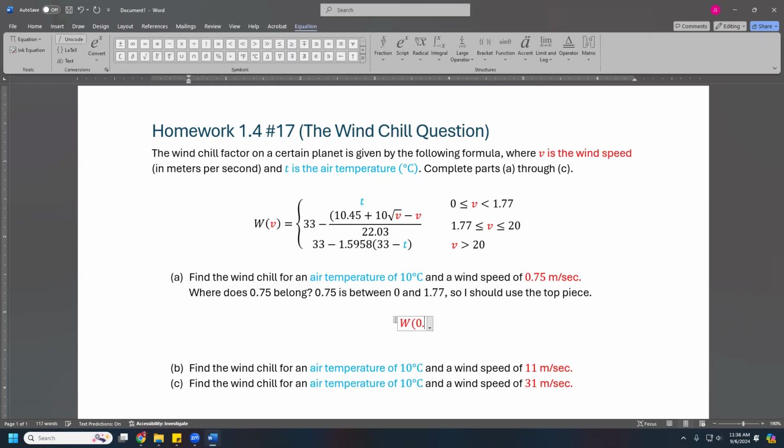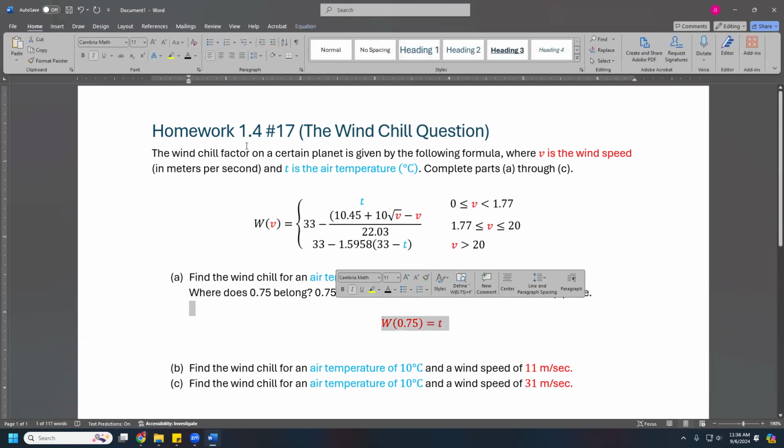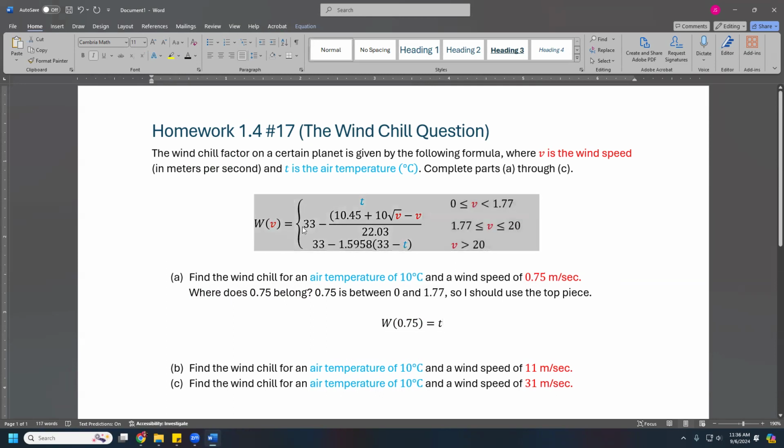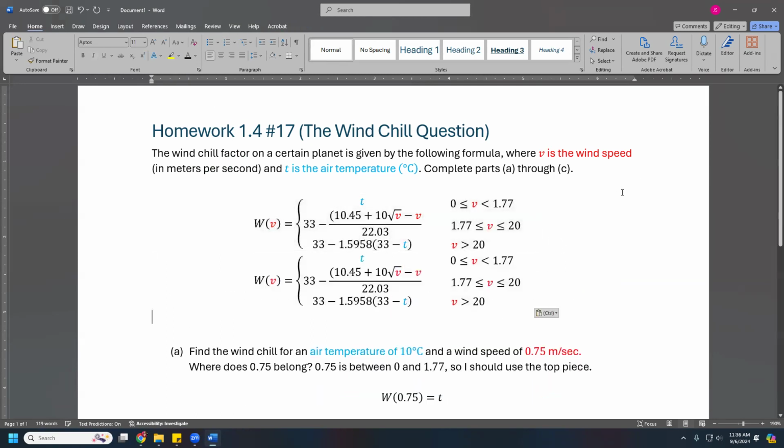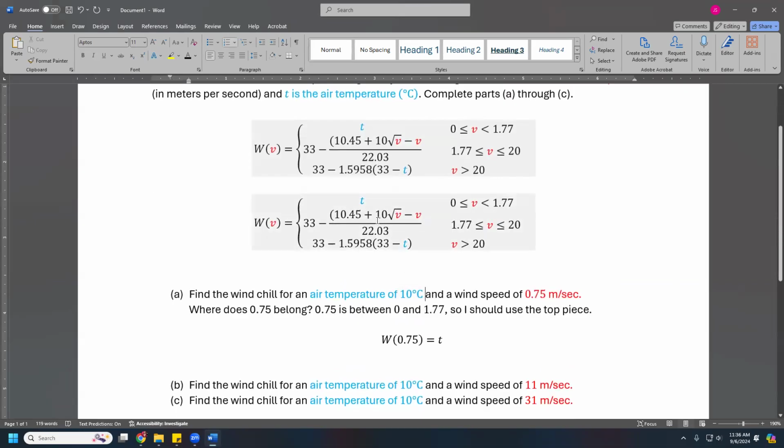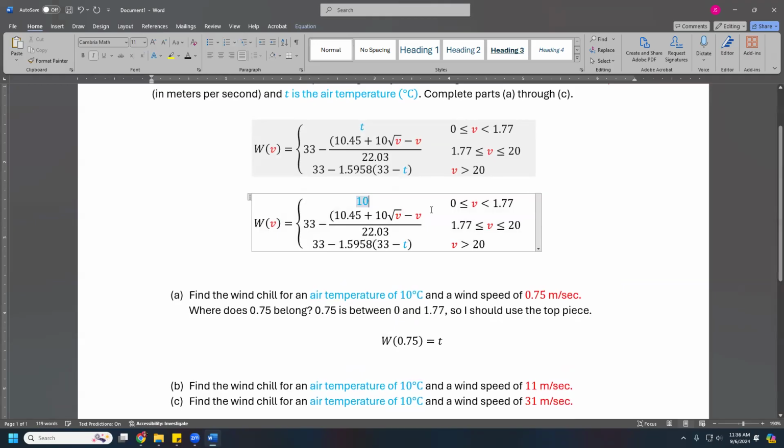So I'm going to take my 0.75, whoopsie, and plug that in for V, except my top piece is just T, right? And this is supposed to be, excuse me, this is supposed to be 10, according to my question. So actually real quick, just before I move on any further, everywhere I see a T, I'm instead going to replace it by 10 because I know that it's actually supposed to be 10.